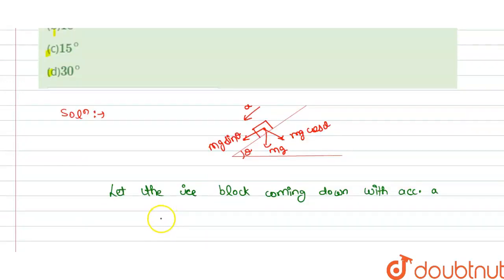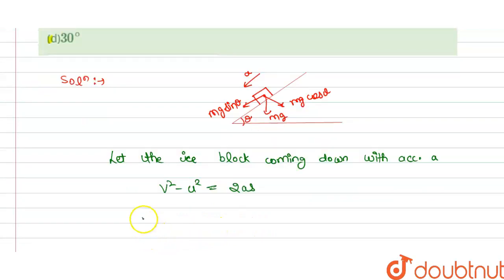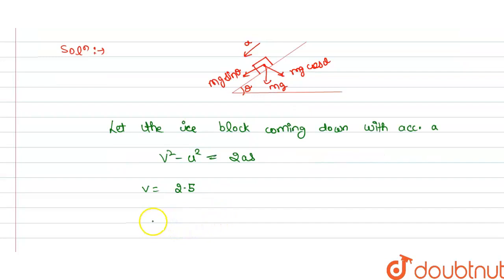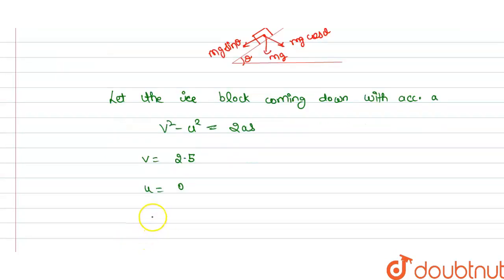So using the equation of motion, v square minus u square is equals to 2as. v is the final velocity, u is the initial velocity, and we have 2as. So v is 2.5 meter per second, u is 0, initial velocity is 0, and s is 1.5 meter here.